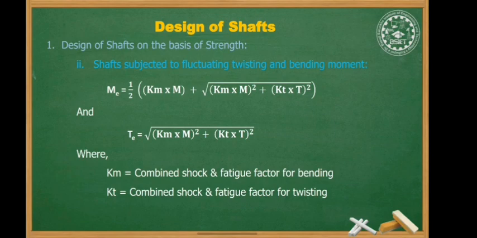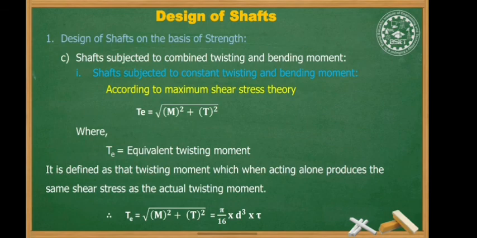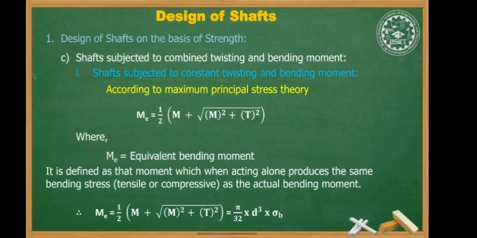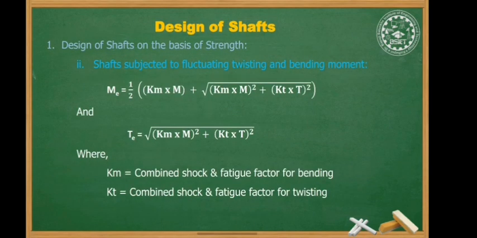Second is the shaft subjected to fluctuating twisting and bending moment. In this concept, you need to just multiply by the combined shock and fatigue factors in the given equations which we have already calculated, that is according to the maximum principal stress theory, Me is 1 by 2 into bracket M plus under root of M square plus T square. In this equation you need to multiply by the suitable factors.